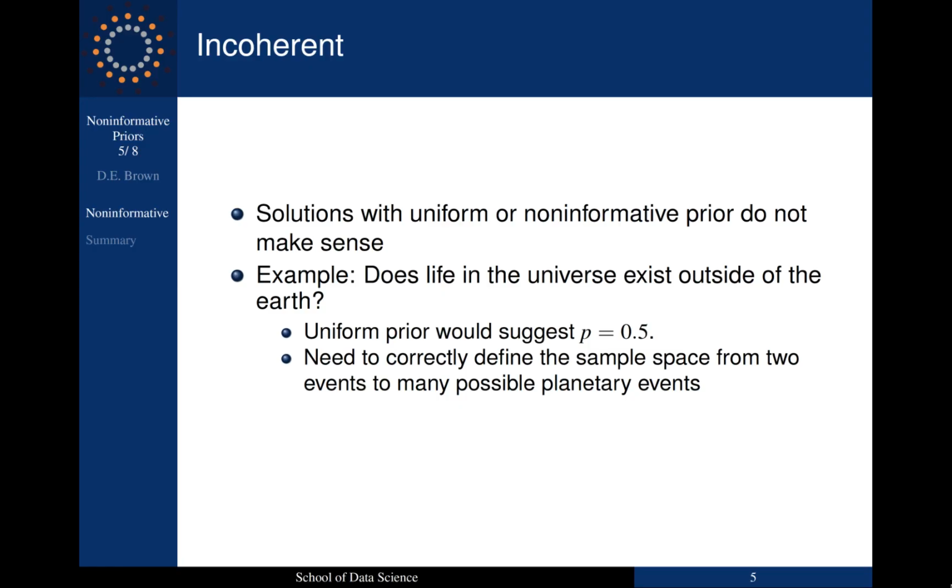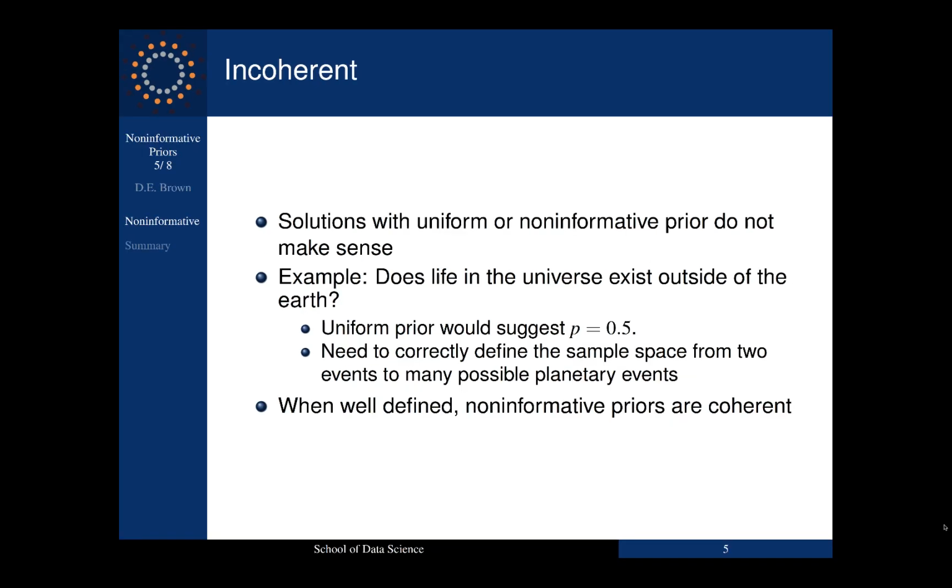There are many billions of planetary events out there, any one of which could produce life, and as a result, we think the probability is much higher. So this incoherence argument is really an issue of getting the sample space correct for the uniform distribution. We can make the argument that when non-informative priors are well defined over a sample space, they are in fact coherent.